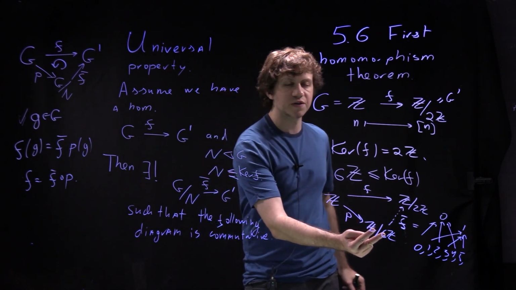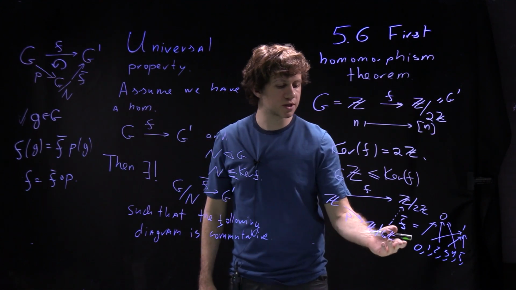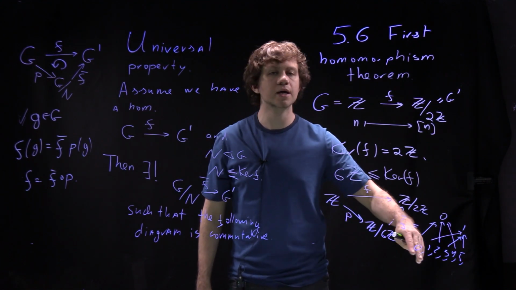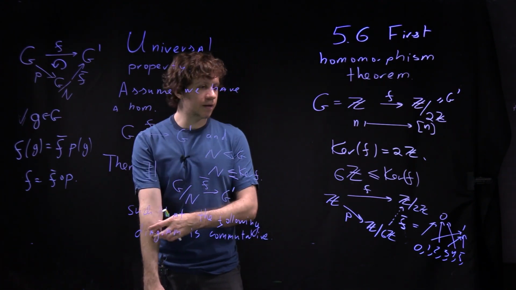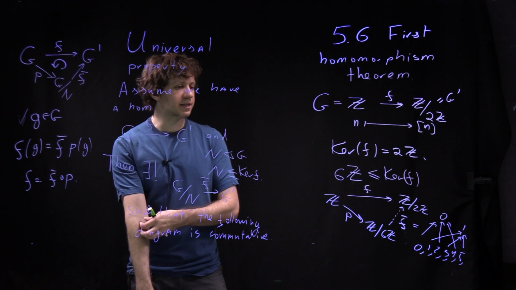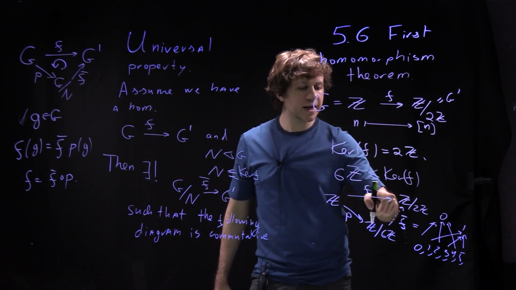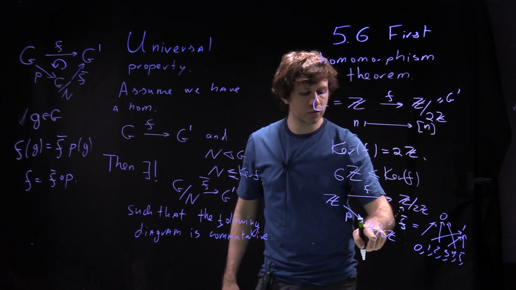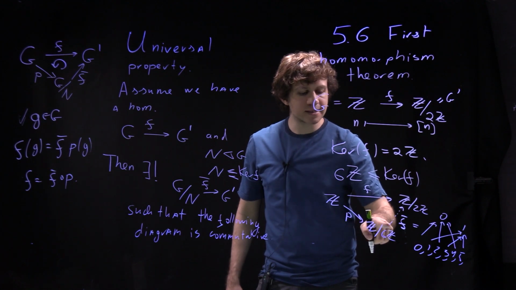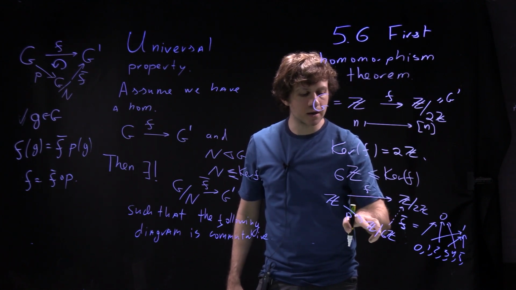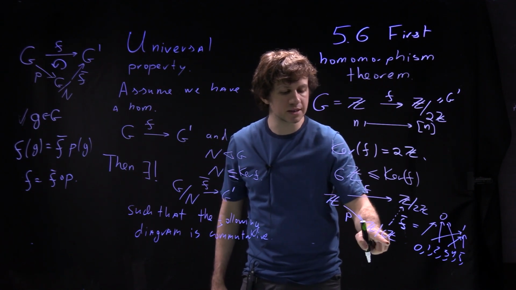So there is a homomorphism from Z over 6Z to Z over 2Z, and this homomorphism just assigns to a remainder modulo 6, 0 or 1, depending on whether it's even or odd. And it's kind of obvious that this homomorphism exists, because if you take an element in this group, a remainder modulo 6, it corresponds to some coset in Z with respect to 6Z.